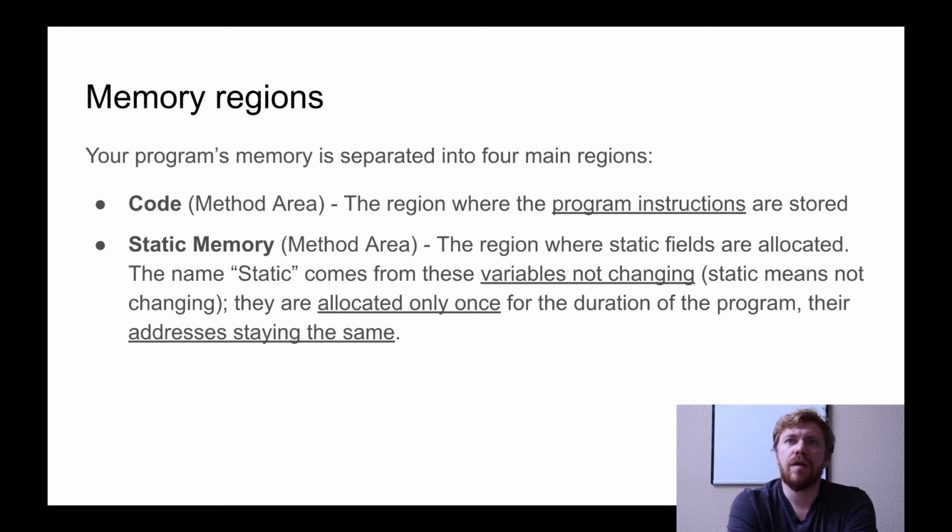So if you can imagine, all of your computer's memory is sectioned off, where each program or application running is going to get a certain chunk of it. And of that chunk, your program is going to break it up into 4 different regions.